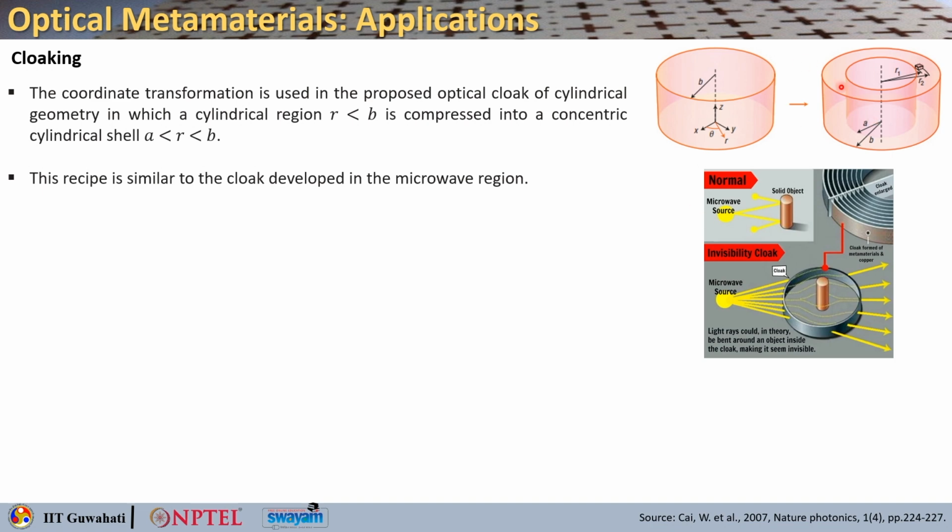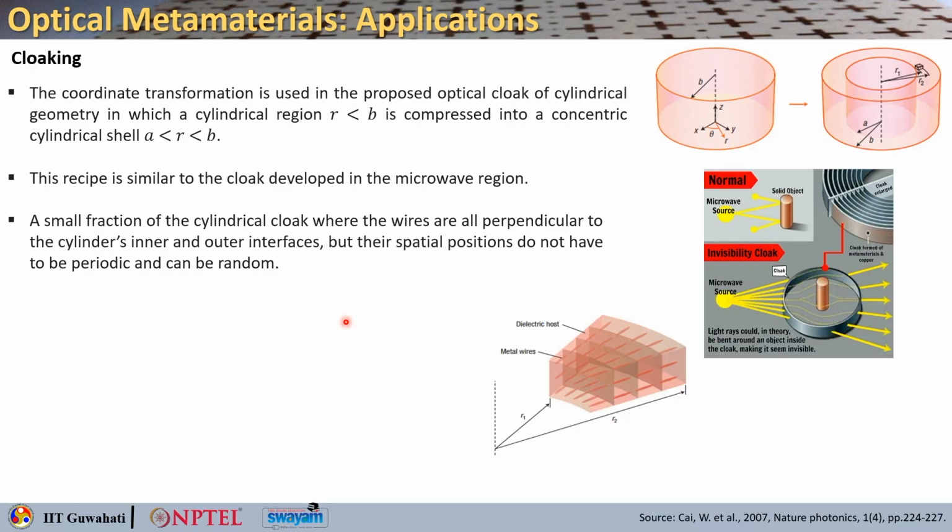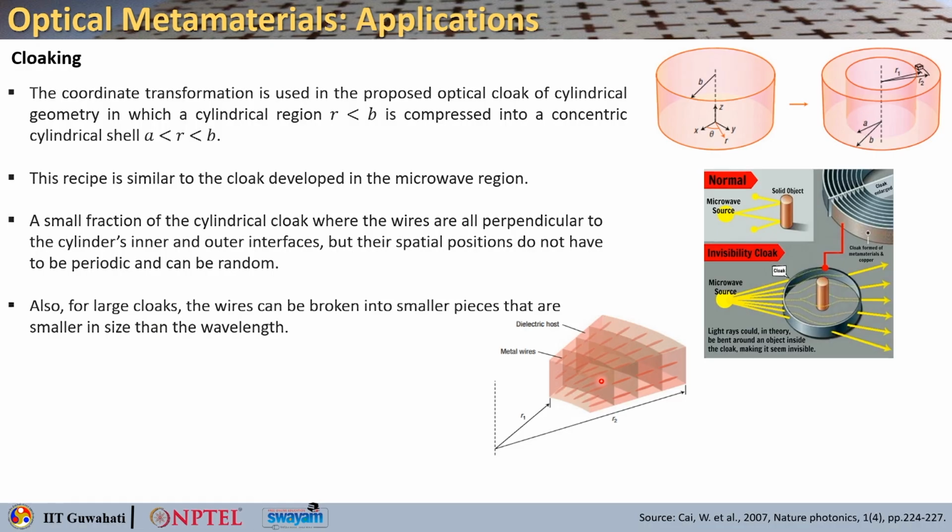So, this recipe looks very similar to the cloak that was developed in the microwave regime. You can also think of it this way: a small fraction of the cylindrical cloak can be thought of where the wires are all perpendicular to the cylinder's inner and outer interfaces, but the spatial positions do not have to be periodic, and they can be random.